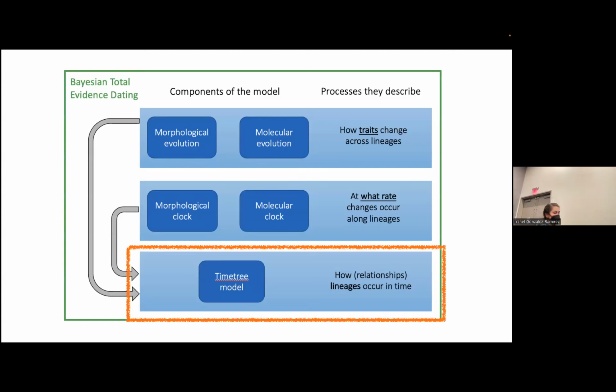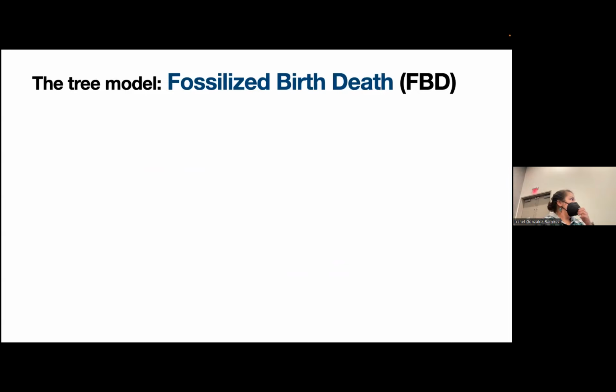And finally, we get to the time tree. This part of the model is going to describe how the lineages occur in time, so in absolute time, right? And the most used time tree model is the fossilized birth-death.